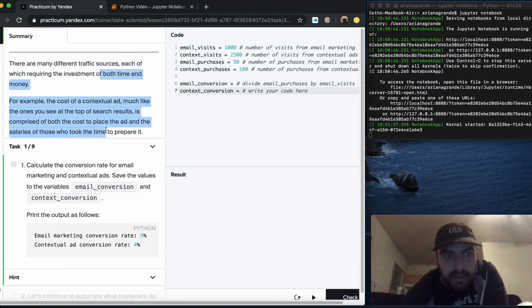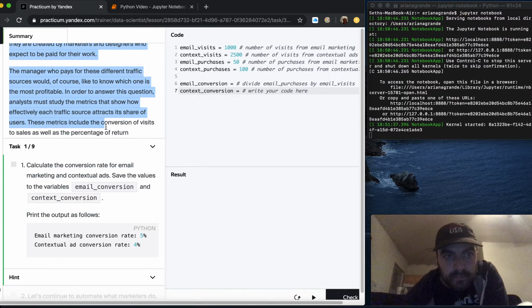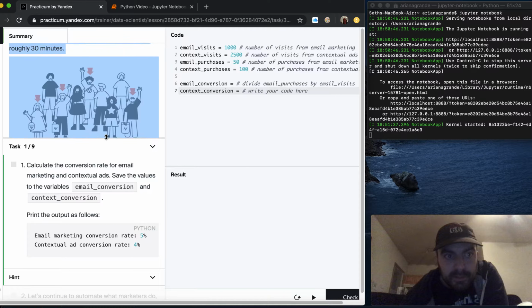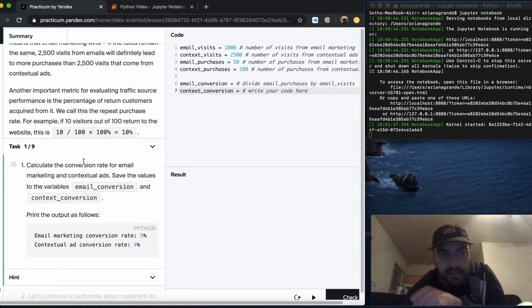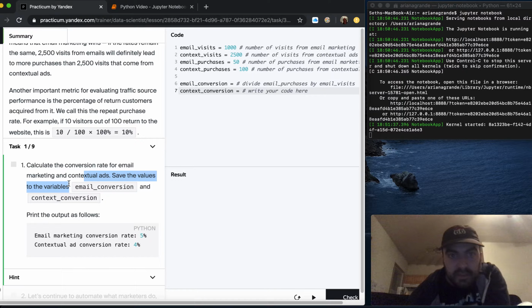Okay, let's go. Okay, so we kind of already read this. Yep, I'm pretty sure this is the exact thing they already told us. Okay, so they want us to calculate the conversion rate for email marketing and contextual ads, save the values to these variables as email conversion and context conversion, and print the results as follows.